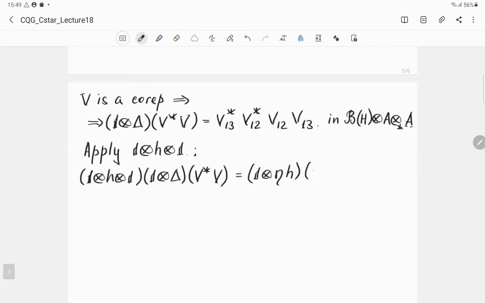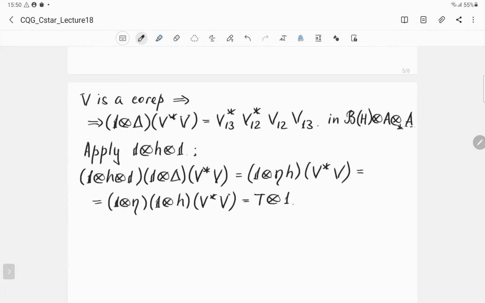And we apply it to V star V. Well, now we write this in the following way: 1 tensor eta, 1 tensor H applied to V star V. 1 tensor H applied to V star V is our operator T. And after we apply 1 tensor eta, we get T tensor 1. Okay, so this is the result of applying this operator to the left-hand side of this equality.